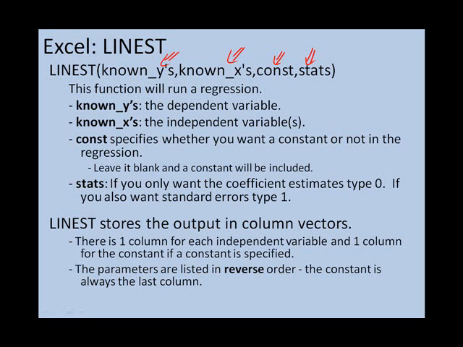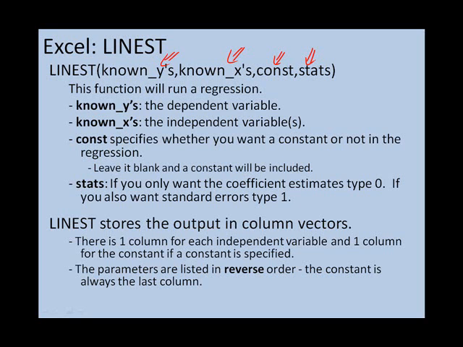The problem with linest is that it stores the output in column vectors. There's one column for each independent variable, and one column for the constant if a constant is specified in the regression. The trick to remember is that the parameters are listed in reverse order.